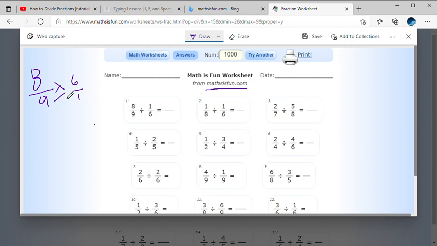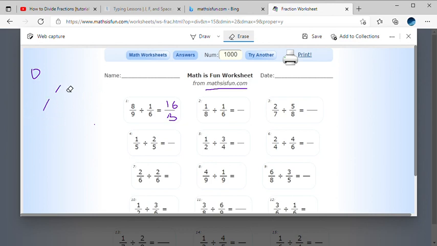We simplify the 6 and the 9 because they're both divisible by 3, so we'll have 2 here and 3 here. Then we multiply across: 8 times 2 is 16, and 3 times 1 is 3. That's your answer for the first one.